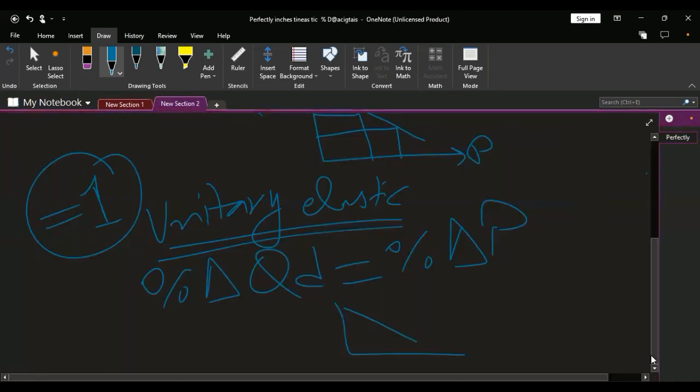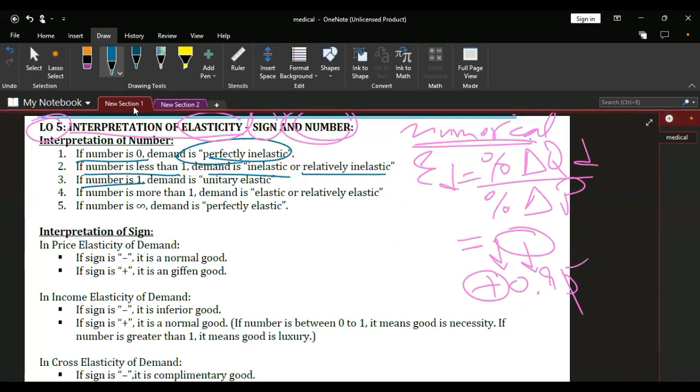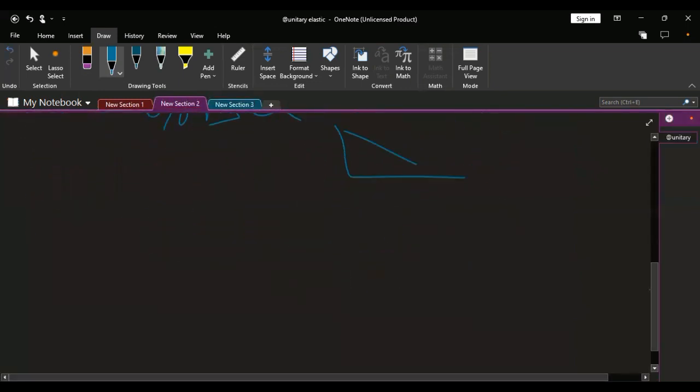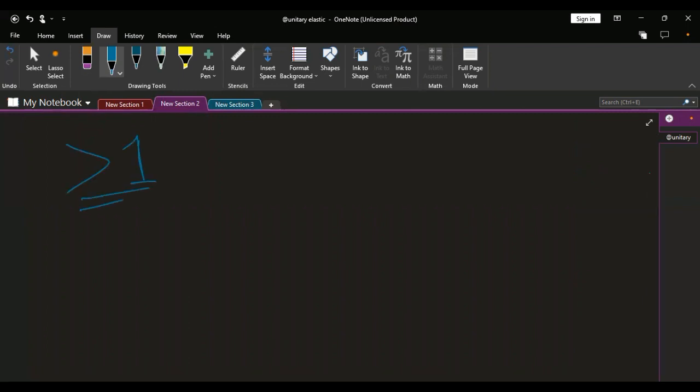And the fourth option is if you got an answer that is more than 1, then it is elastic or relatively elastic demand. Greater than 1 shows that it's relatively elastic, or simply elastic demand.